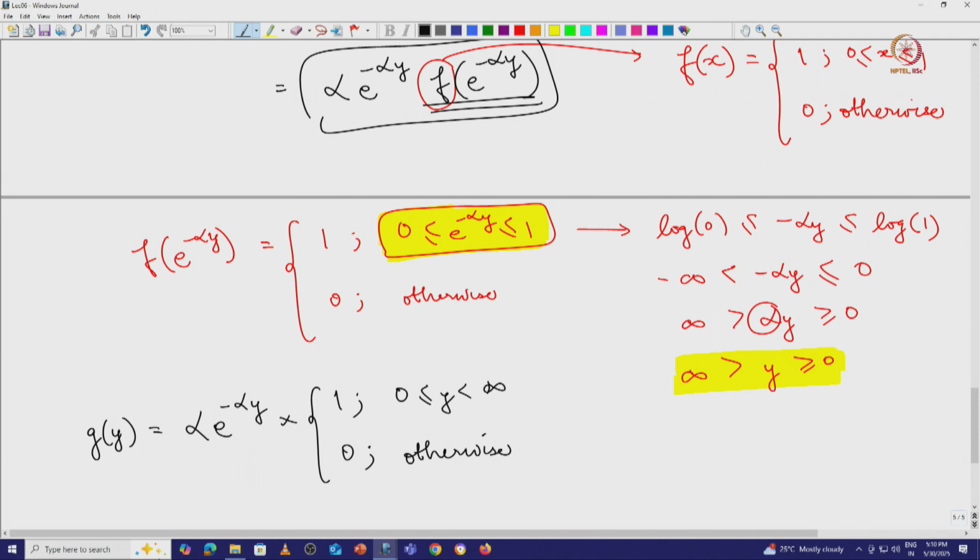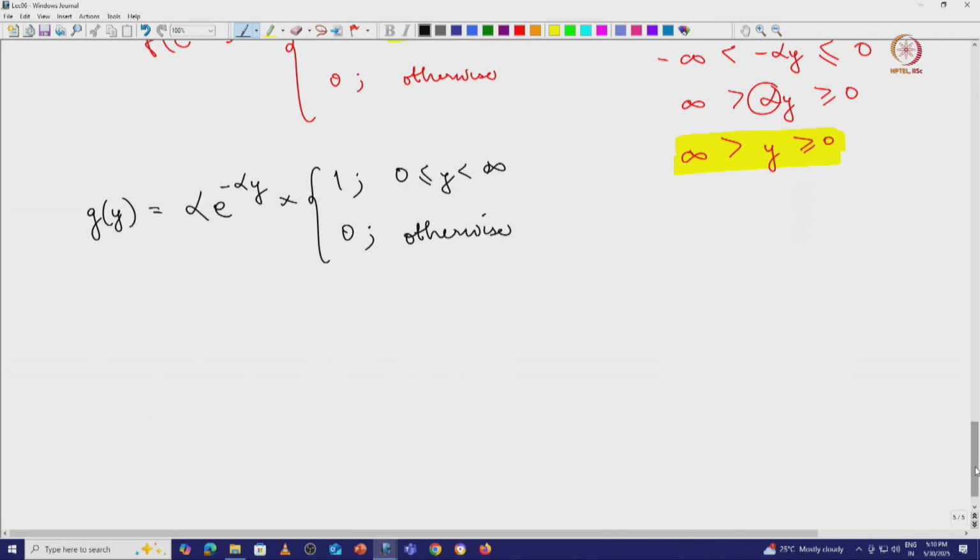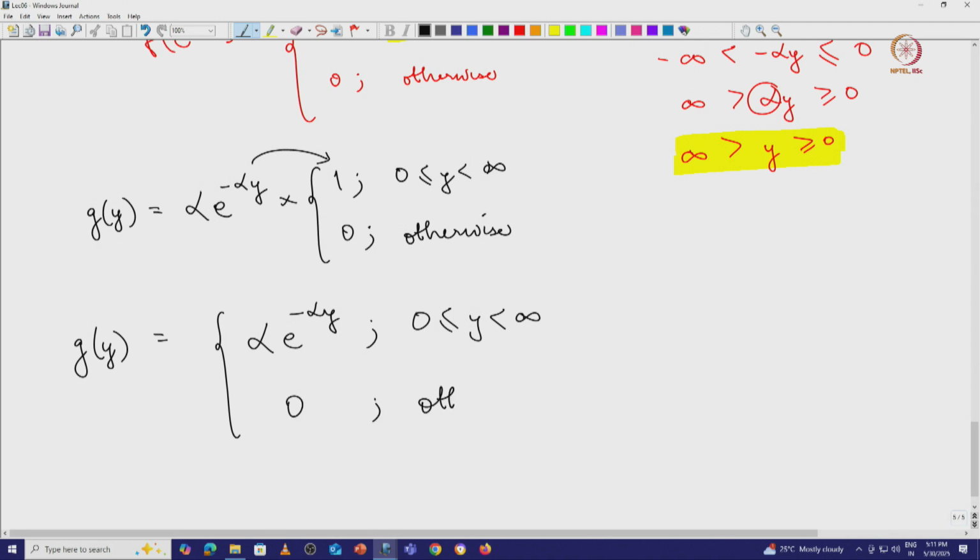And if you multiply this inside, what you will get is g of y equals alpha e to the minus alpha y as long as y is between 0 and infinity, and it is 0 otherwise.